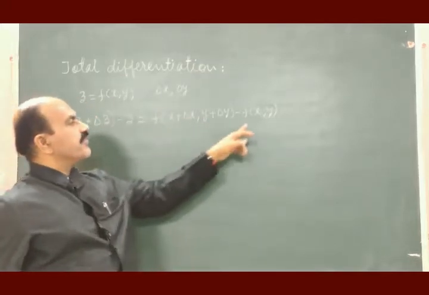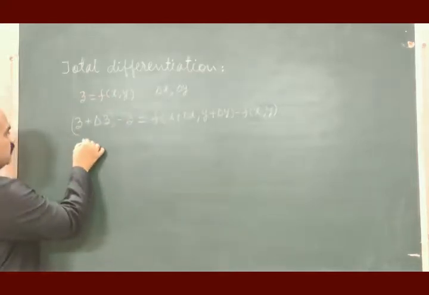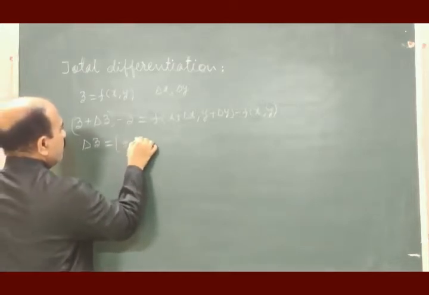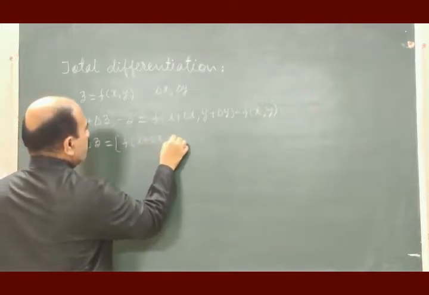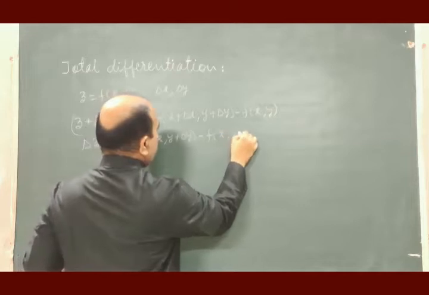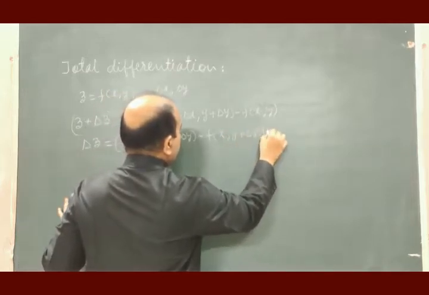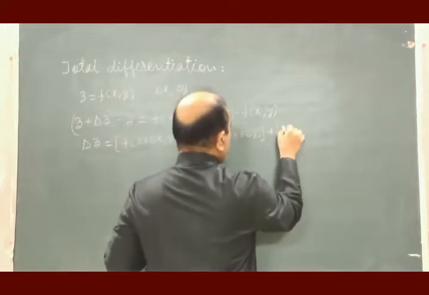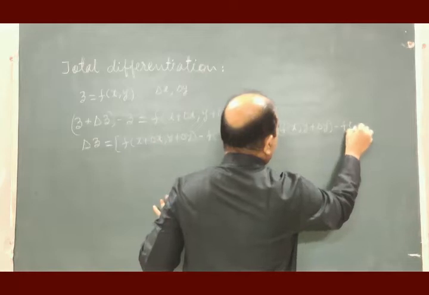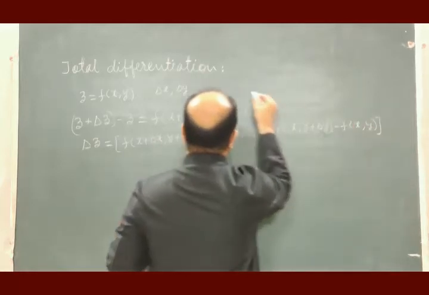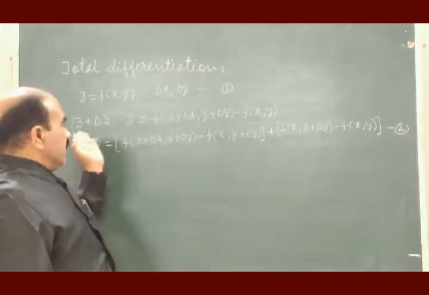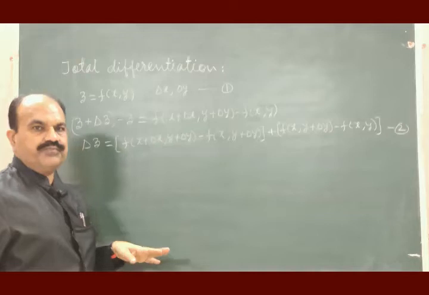Initial value f of x y, or delta z is equal to, the same equation is written as equation 2.